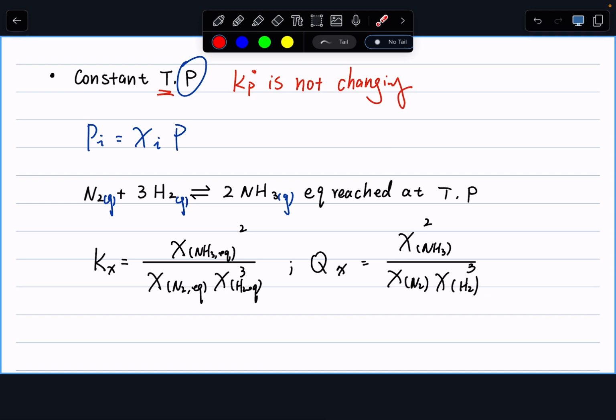That's our equilibrium constant. All right, so now we'll do two examples. In scenario 1, we're adding, say, 1 more mole of N2.